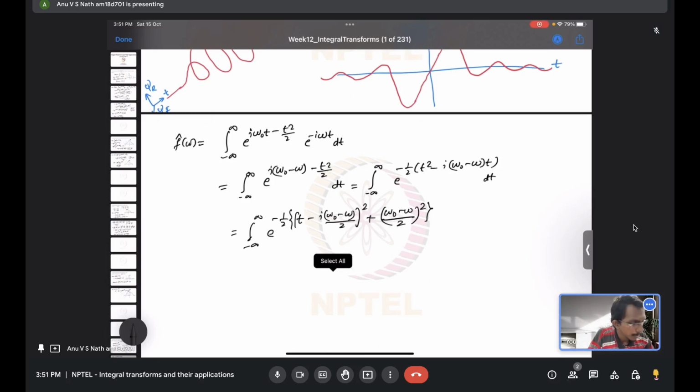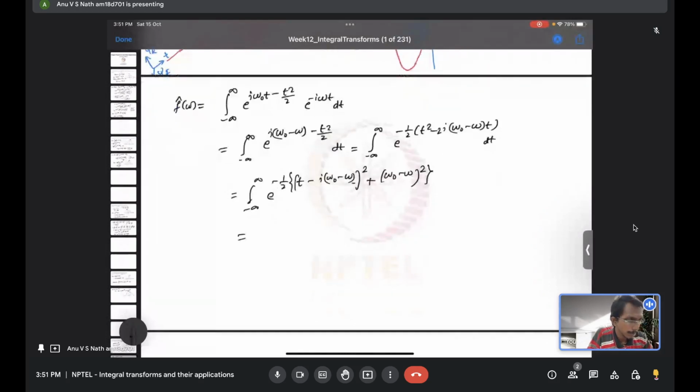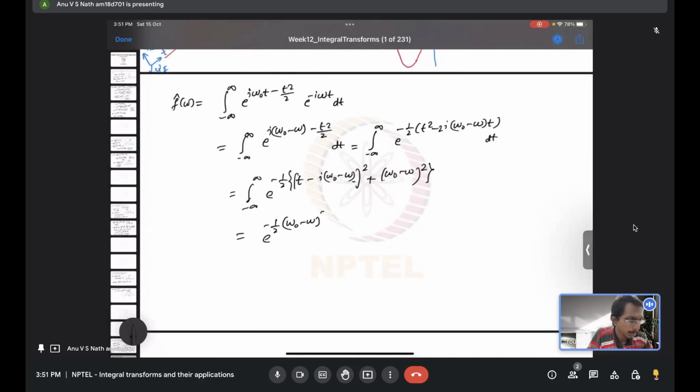Okay, I made a mistake, there should be a 2 here, so that makes this 1 and this also 1. Now we can take the constants outside, which is e raised to minus half omega 0 minus omega the whole square, times the integral from minus infinity to plus infinity of e raised to minus half t minus i omega 0 minus omega the whole square.